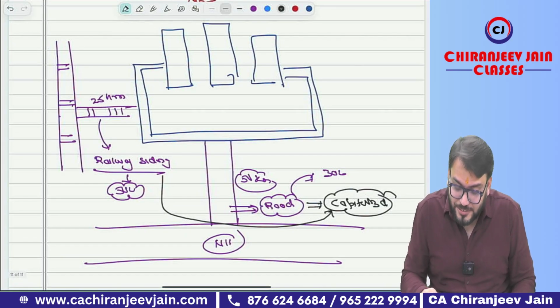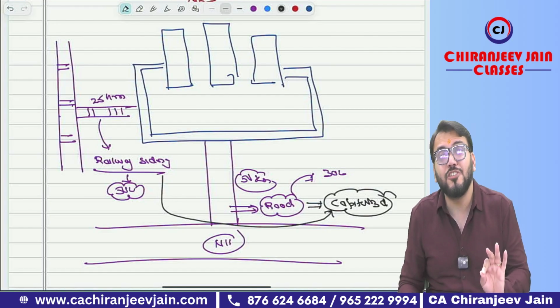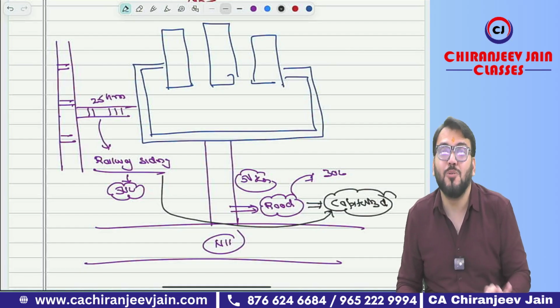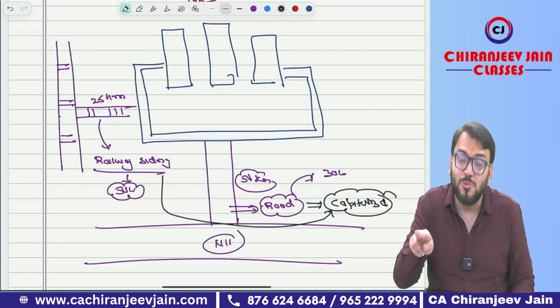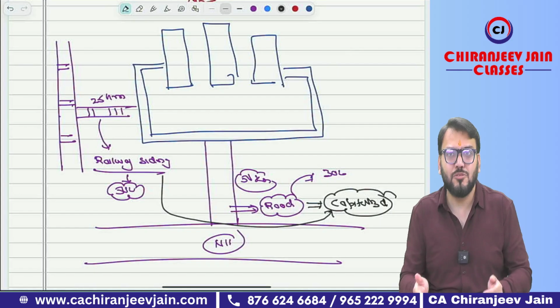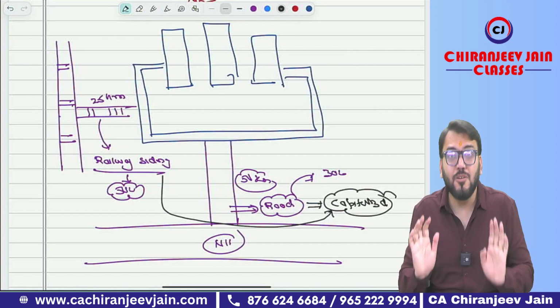Can I say this road and this railway siding together with this refinery will provide future economic benefit, and therefore we need to apply recognition criteria to the entire group as a whole? If we apply that, then the two conditions will be satisfied, and only then can we capitalize it. Otherwise, for the entire cost of the refinery, the condition will not be satisfied. Are you getting what I am saying?